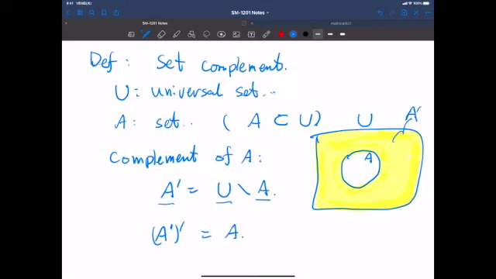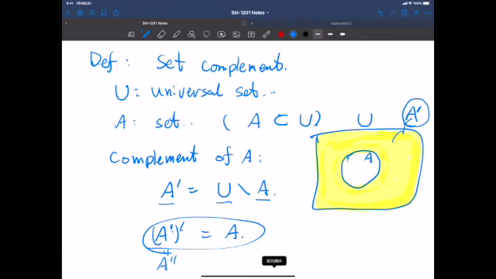If you take the complement of A prime, then it must be equal to A, right? We just abbreviate this to a double prime, meaning the complement of a complement. Please try to prove this.